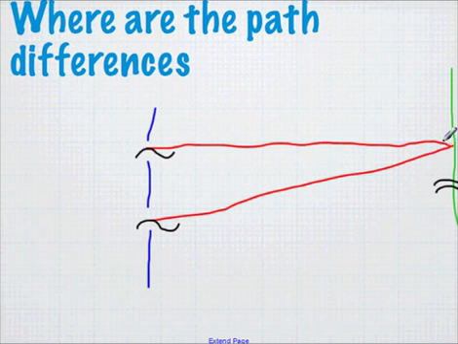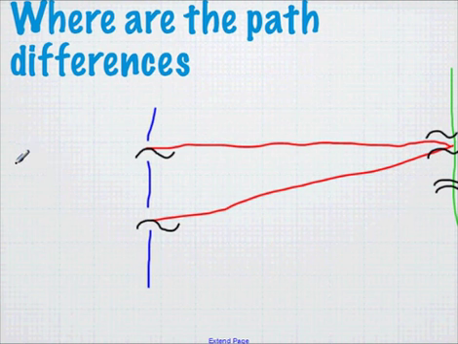Here, the waves have traveled a certain distance, so the top wave will be like that. Now, for it to be constructive interference, the other wave also has to be like that. What that means is actually the wave from here needs to travel a wavelength longer.